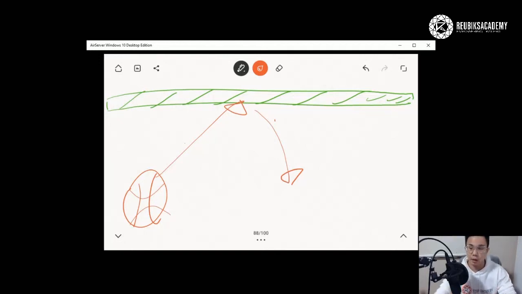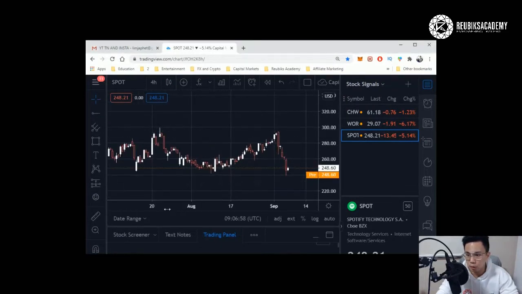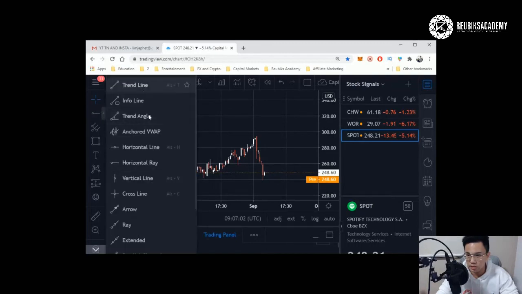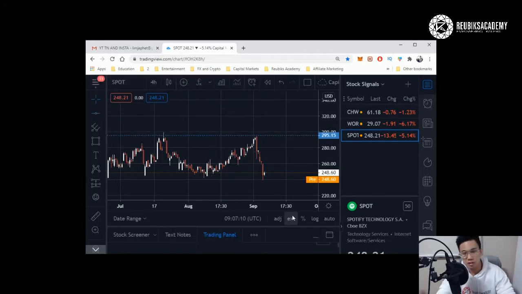Now if you go to the live charts, it's not difficult to plot a support zone or a resistance zone. It's actually quite simple. So for example, right here, there is a resistance zone. You just need to drag it down. Now, there's just a few rules to remember when it comes to support and resistance.